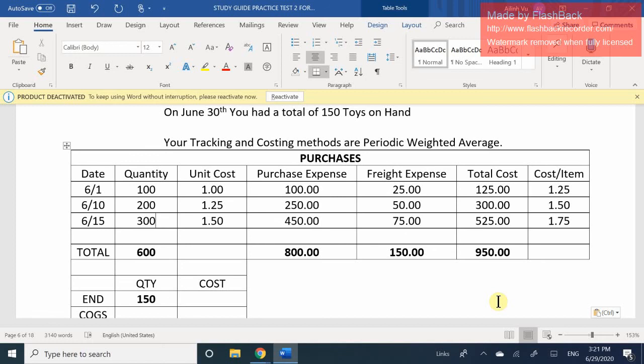Yes. We have to determine the average cost per item. And what's the formula for that? 950 divided by 600, the total cost divided by the quantity. Exactly. So what is 950 divided by 600?